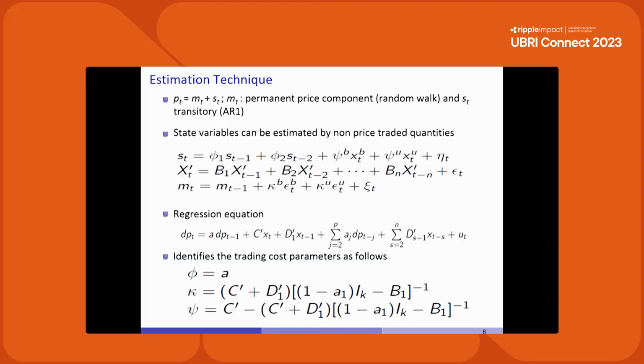On both sides we have the same left-hand side, delta PT. Then there is a little bit of algebra, and from the algebra we can estimate these kappa and C parameters. Anyway, the bottom line is we regress price on trading quantities, and then we can estimate kappa and C. This is what we did in this paper.